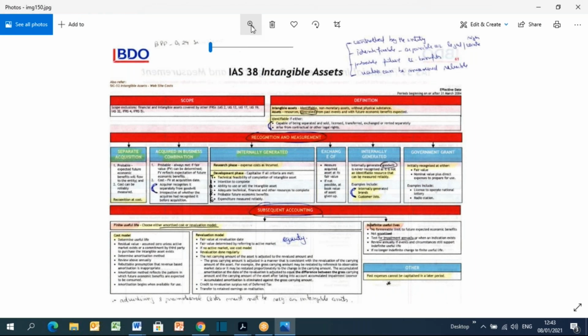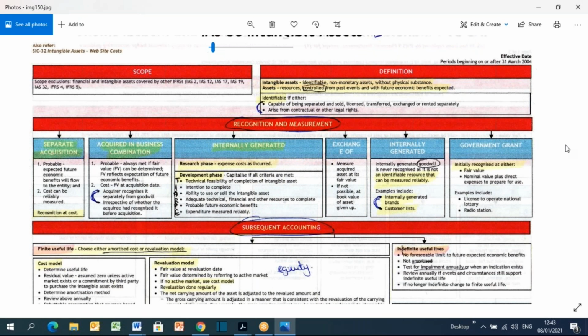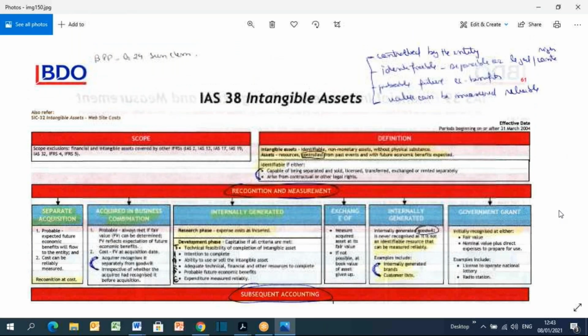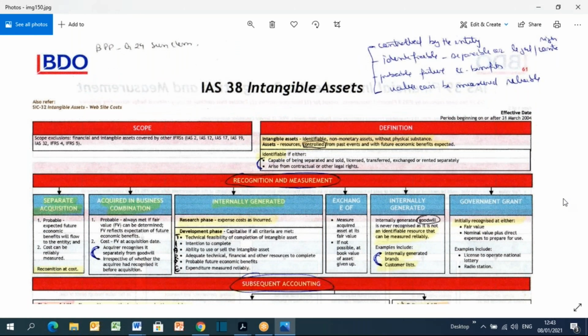If we move on, IAS 38, intangible assets, such an important standard, and it is asked a lot. I've put the definition in my own words here. So an intangible asset is an identifiable non-monetary asset without physical substance, same as cryptocurrency.